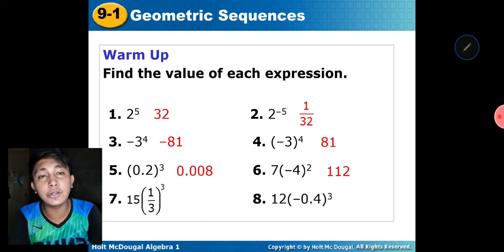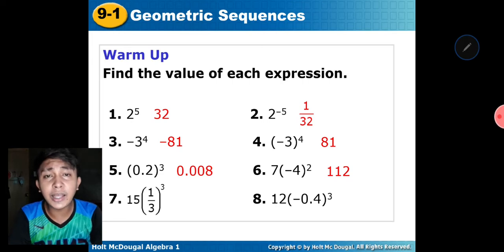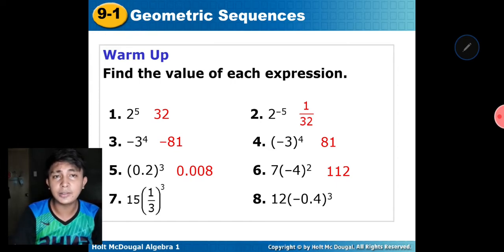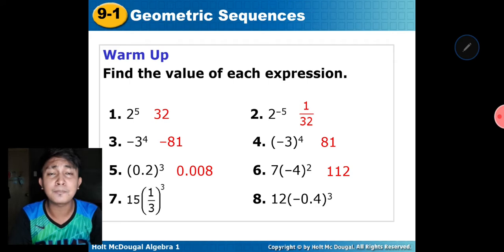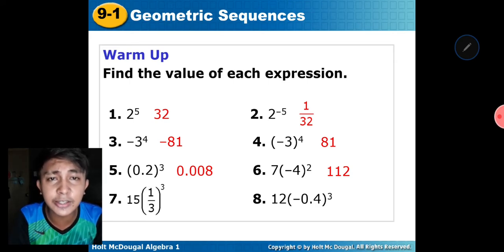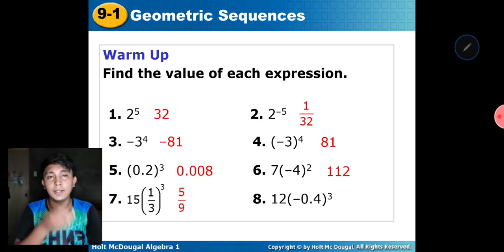So that is 1 over 27, multiplied to 15. 15 has a denominator of 1. So numerator times numerator, 15 times 1 is 15, and 1 times 27 is 27. So we have 15 over 27. Simplify it, we have 5 over 9.